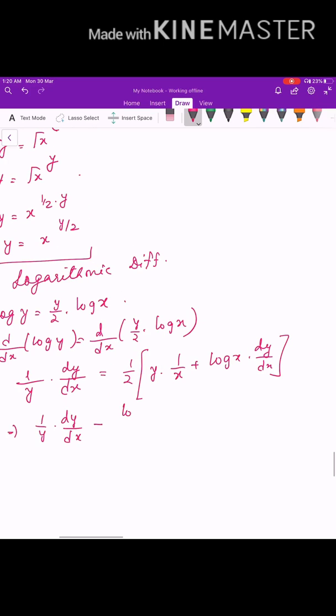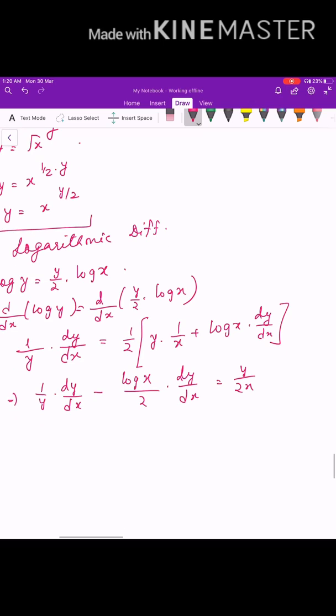So this becomes log x by 2 into dy by dx, y by 2x. So dy by dx into 1 by y minus log x by 2 is equal to y by 2x.